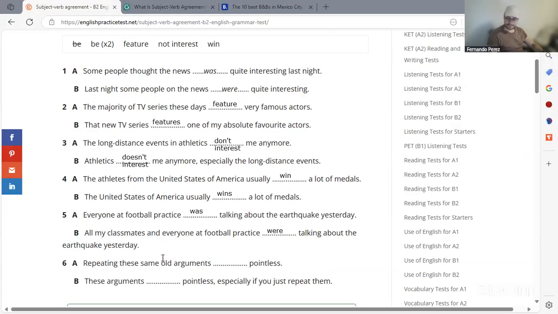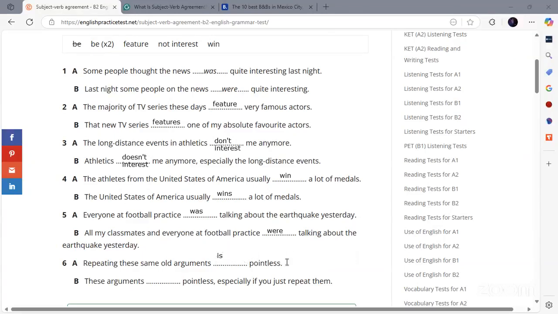The last one: Repeating these same old arguments is pointless. You are correct. What is the subject in this case?